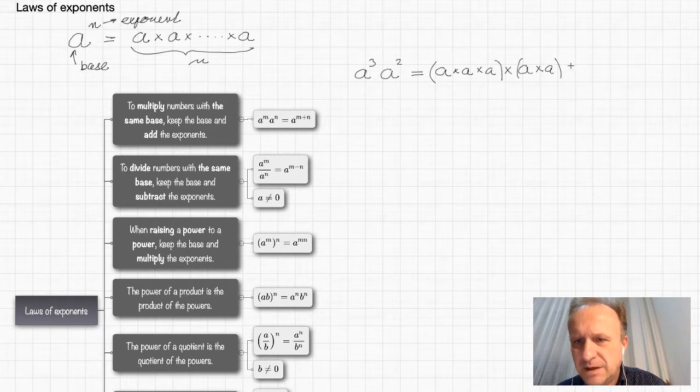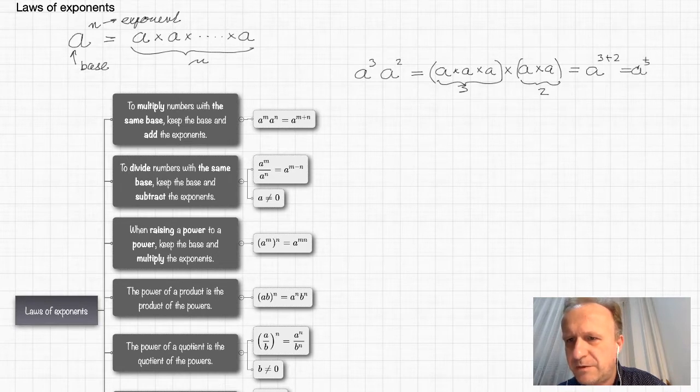So you see, altogether we have a multiplied by itself 5 times: 3 times here, and 2 times here. So altogether it's multiplied 3 plus 2 times. According to the definition, this should be a to the power of 3 plus 2, or a to the power of 5.